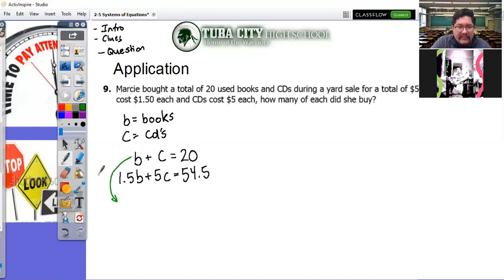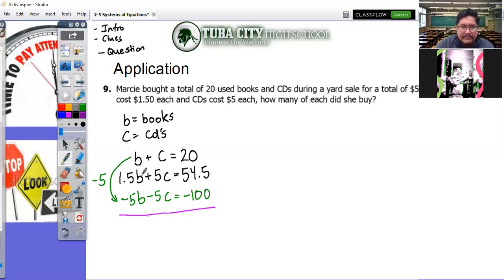So I'm going to multiply everything by -5. So -5b, and this is a lot easier because these are 1s, so 1 times -5 would just be -5, and this would be -100 because 20 times -5 is -100.